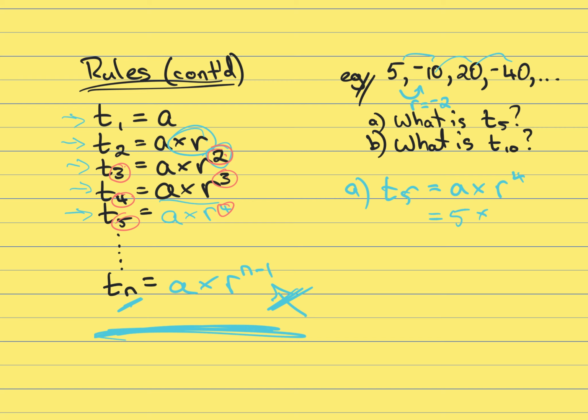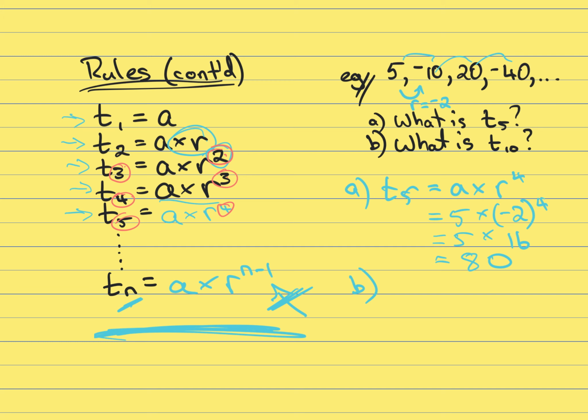R to the 4, that's minus 2 to the 4th power, which is 16. And 5 times 16 is going to be 80. So our 5th term here is 80. You can check that if you like, just by applying the common ratio to the 4th term. Minus 40 times minus 2 is 80.